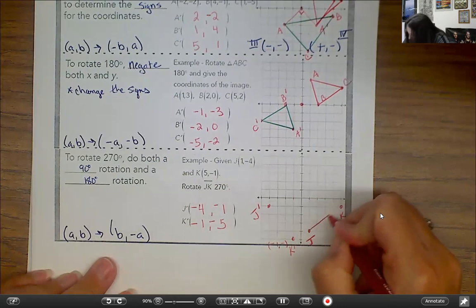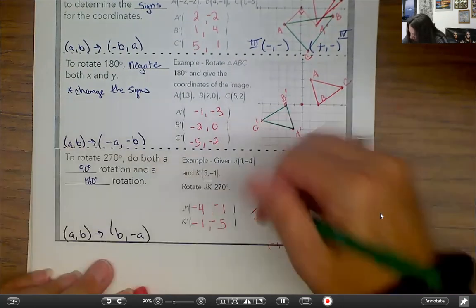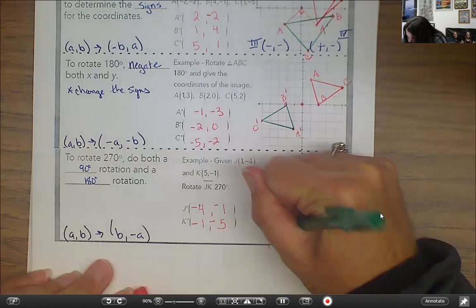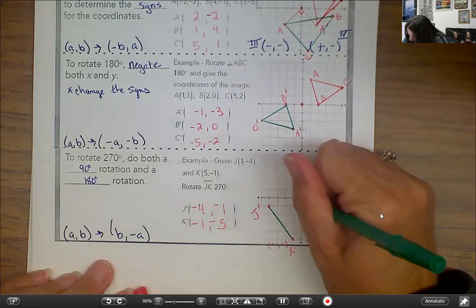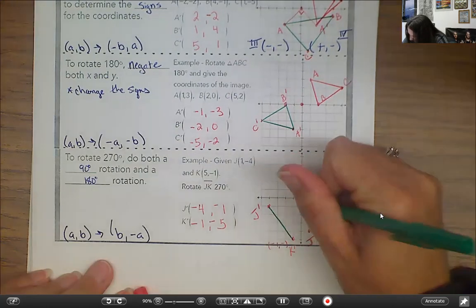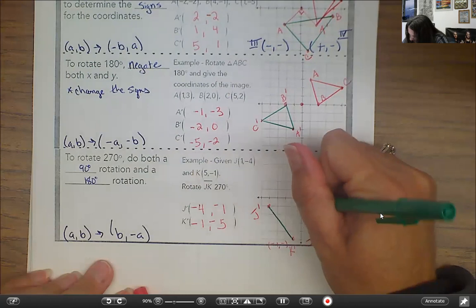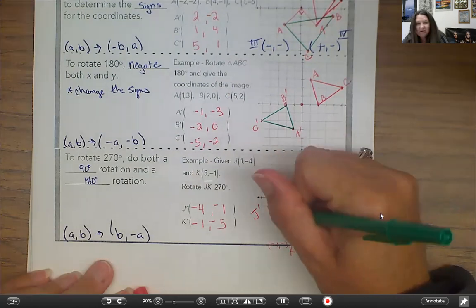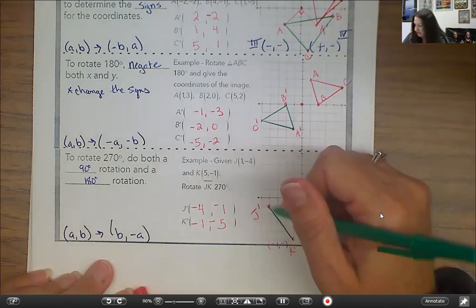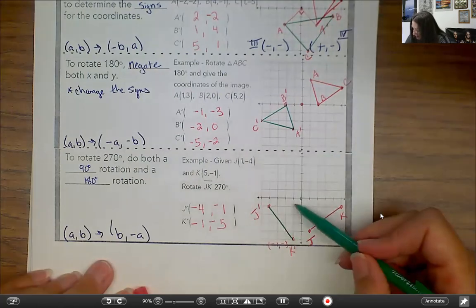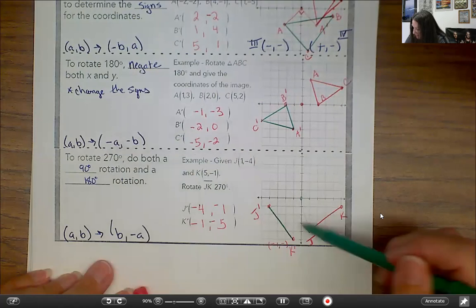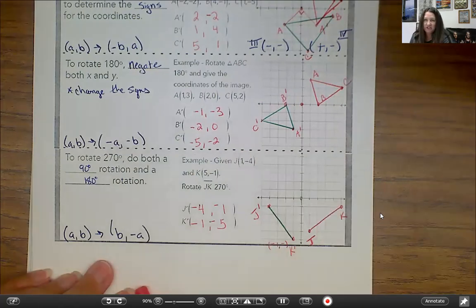Okay, so line segment here, rotated to line segment here. Now, if you were to connect those together, you should see a 90-degree angle going clockwise, and an entire revolution is 360. So 360 minus 90 would leave us with 270 as far as that rotation goes.